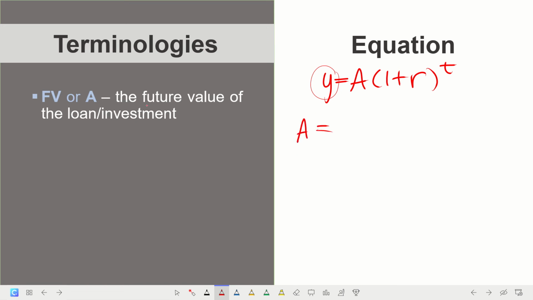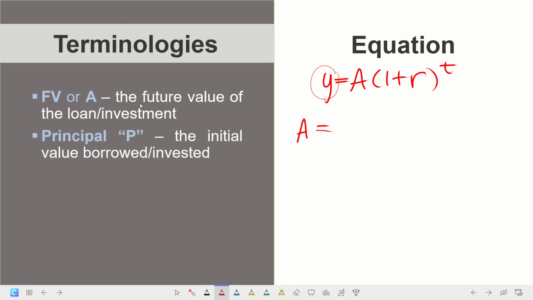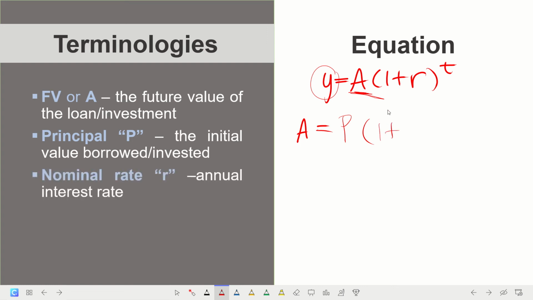So A is equal to, we have here our principal value or the initial value borrowed, and we know that in our model, this represents the initial value. Therefore, instead of using a here, we use P. And then times 1 plus, we have here the nominal rate or the annual interest rate, raised to the time period in years.